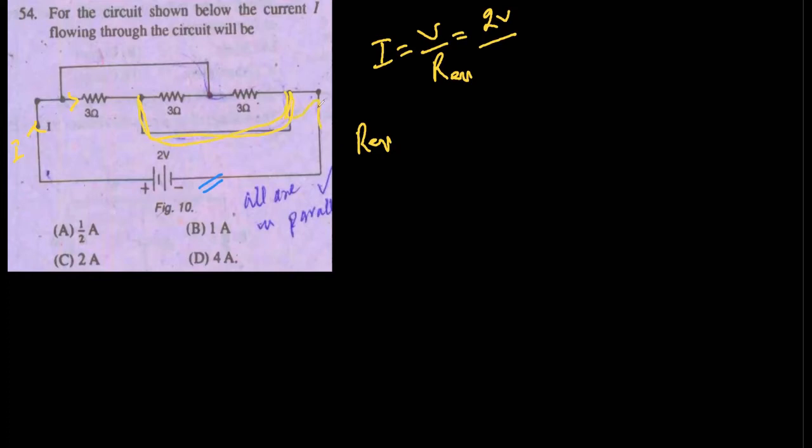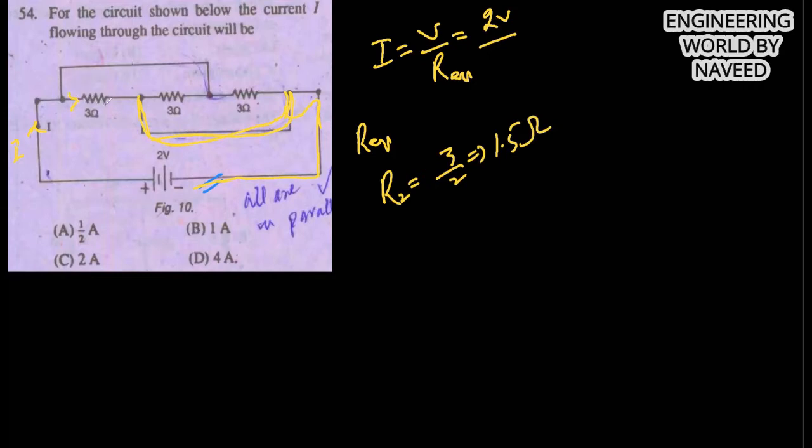then these 2 resistors will be in parallel. So let's find the equivalent. That will be equal to 3 divided by 2, and that is equal to 1.5 ohm. So 1.5 ohm will be in parallel to this resistor.